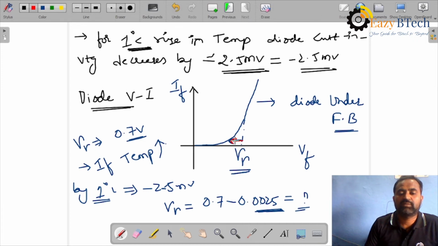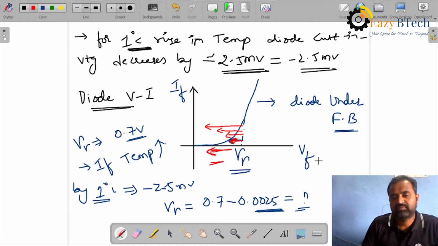It means as the temperature increases, the cut-in voltage will move this side. This is the effect of temperature under forward and reverse bias. In reverse bias, the reverse saturation current will increase.